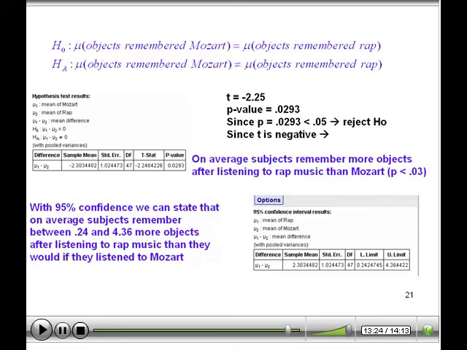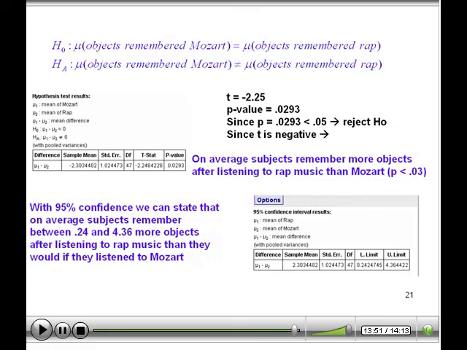On average, subjects listening to Mozart remembered fewer objects than subjects listening to rap music, with a p less than 0.03. Now, since the t-value was negative, I decided that when I reran to establish a confidence interval, to call rap music sample 1 and Mozart music sample 2.